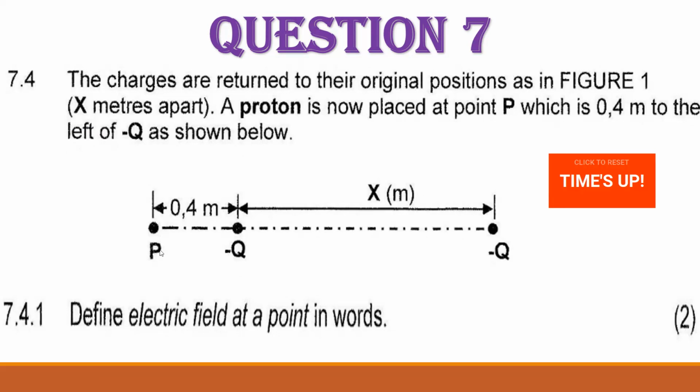Positive, right? So we know positive. So the proton is attracted by negative Q and attracted by another negative Q. Remember that. So define electric field. Okay, first one definition. Just try. What was the electric field? Electric field, please try.